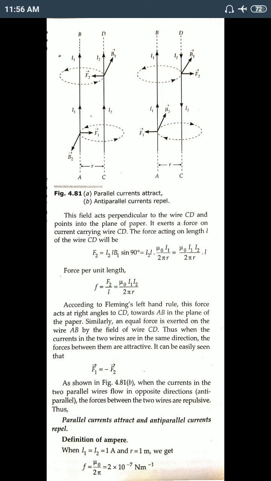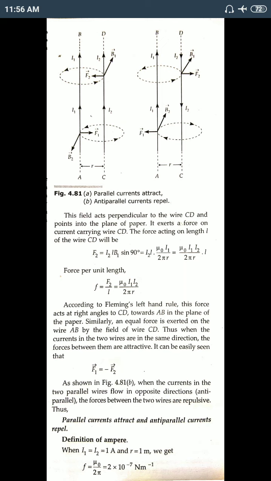So whenever the magnetic field is created on the wire CD, it will exert a force on the current carrying wire CD, using Fleming's left hand rule. The field acts perpendicular to the wire and points into the plane of the paper.